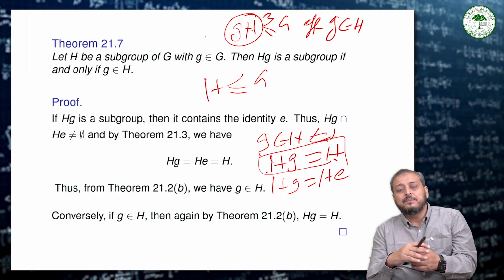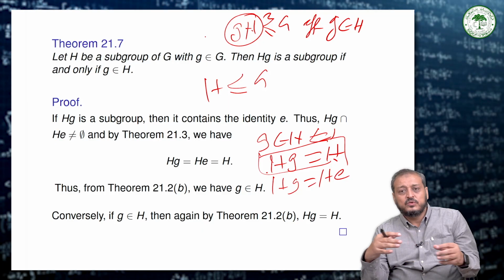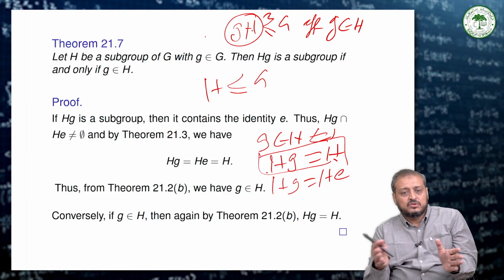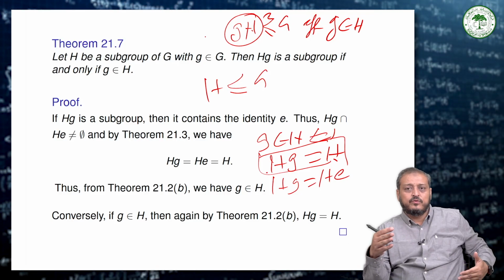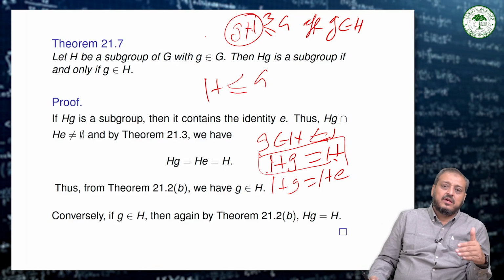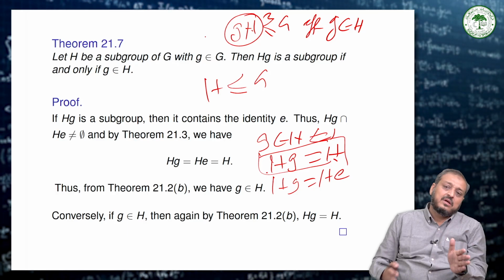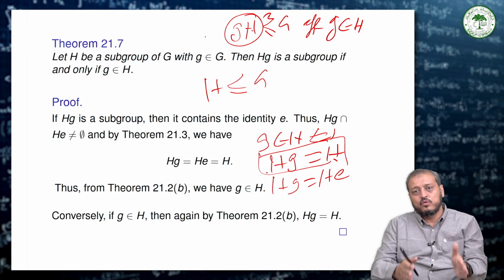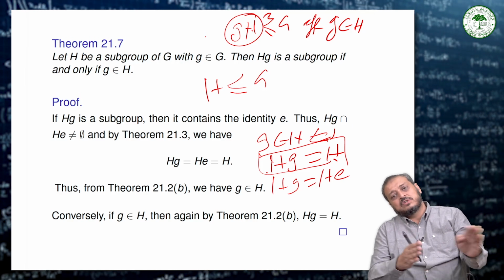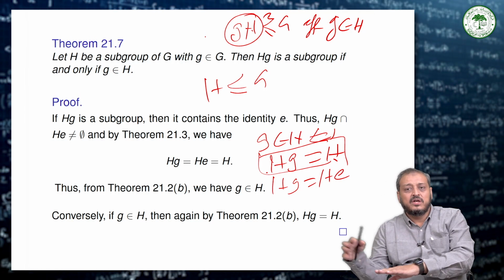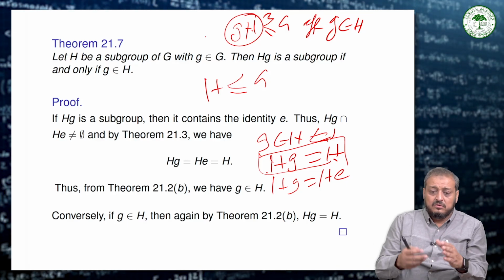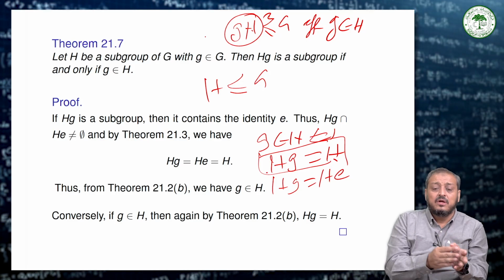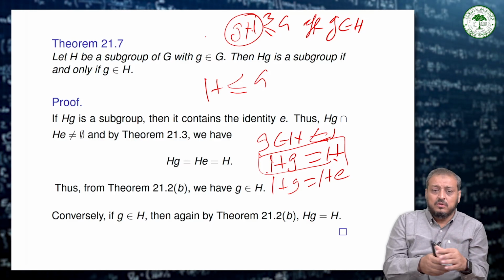All the results I proved in these properties were for right cosets, but the results hold for left cosets also. A similar proof works by shifting by the left coset instead of the right coset.